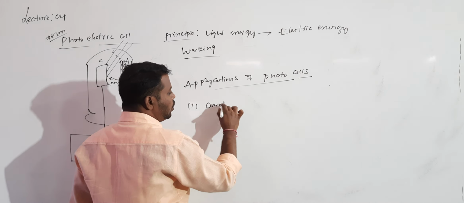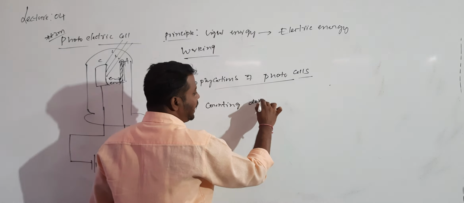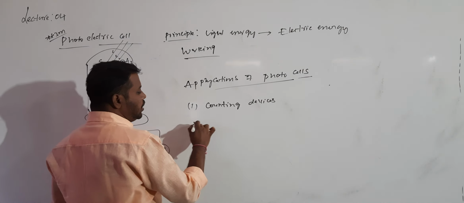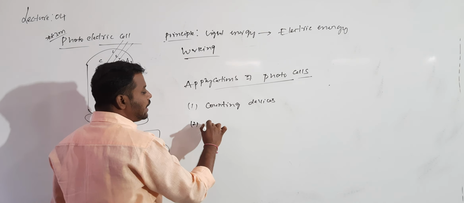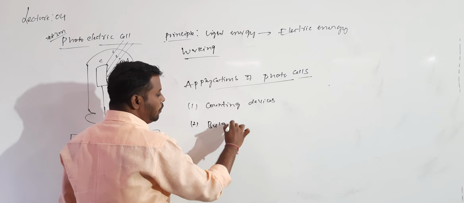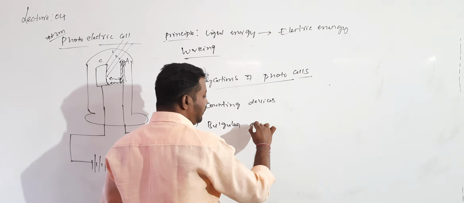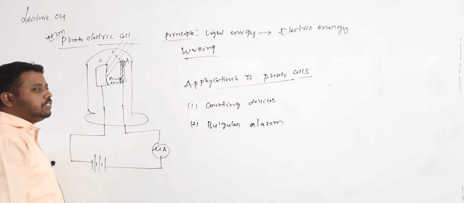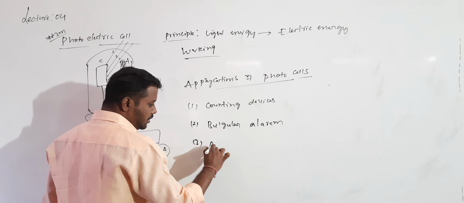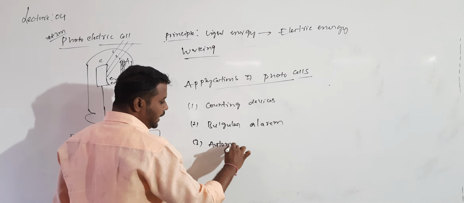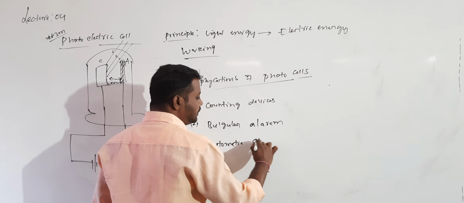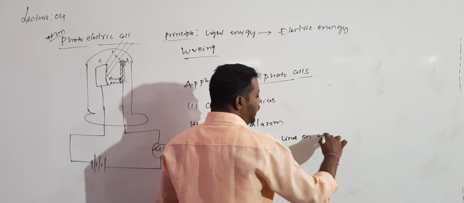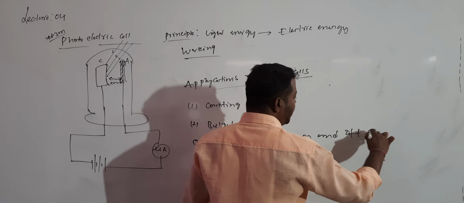When you go to a bank nowadays, there are automatic counting devices, where photocells are used. They are also used in burglar alarms and fire alarms, in detector alarms, and in automatic street light on and off devices.